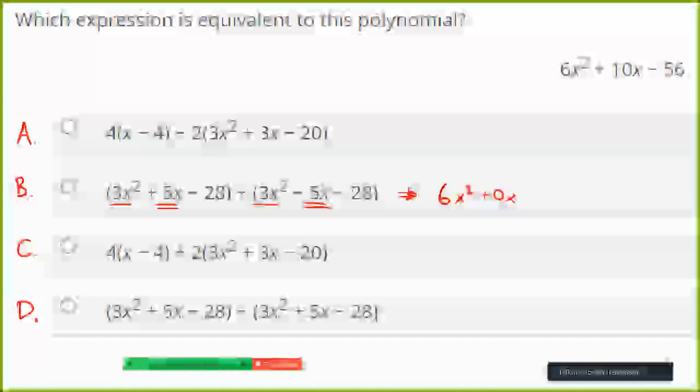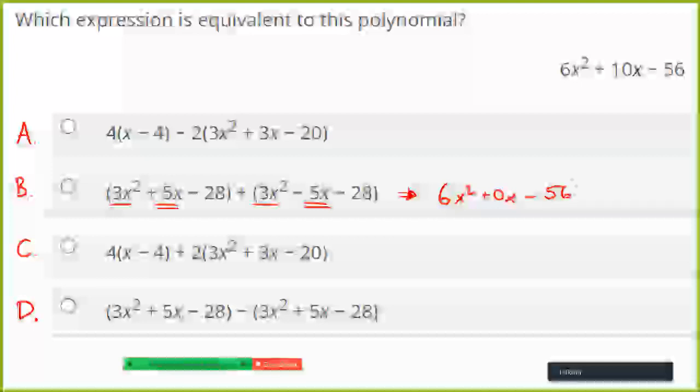It goes away completely. The 28s work out, giving us the negative 56. But that middle term is not what we wanted it to match up with. So I think that puts it at one of the more complex looking options, the A or C option.